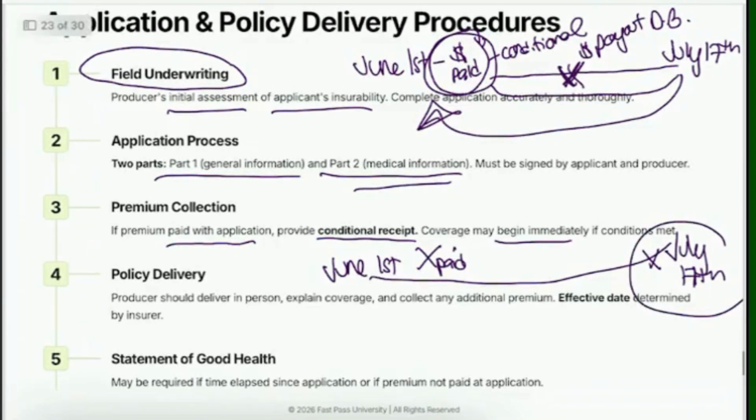Okay. So long as nothing happened and the person did not pass away in time, that's fine. But at policy delivery, they must then collect the premium. You must get that money. It needs to be paid then, at least that first month premium.